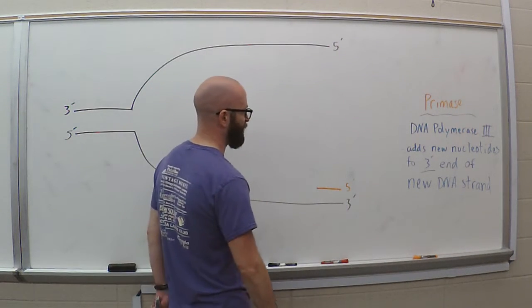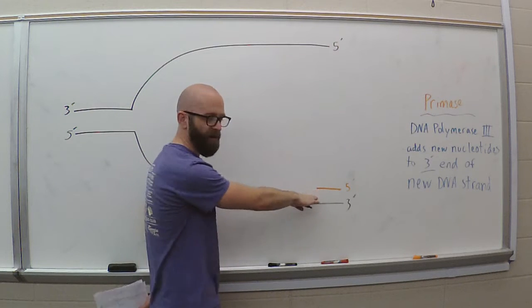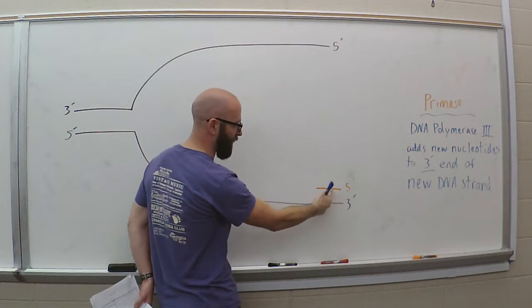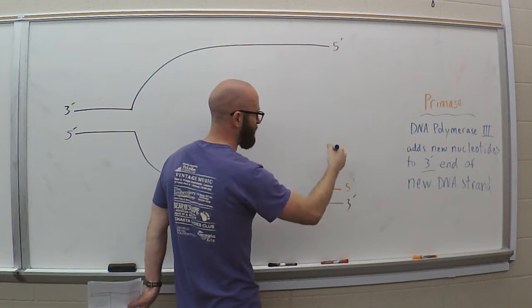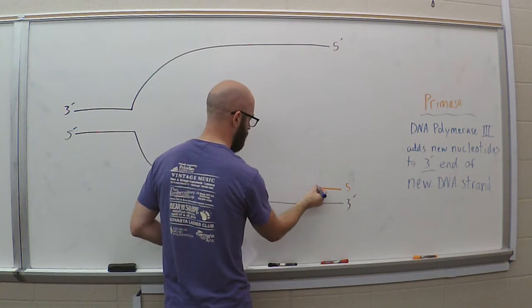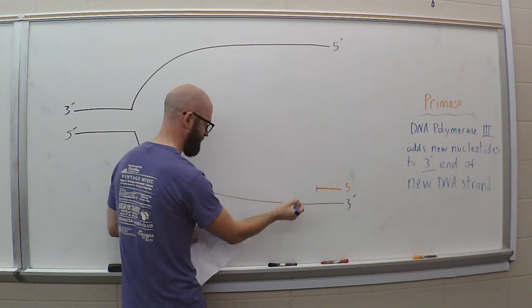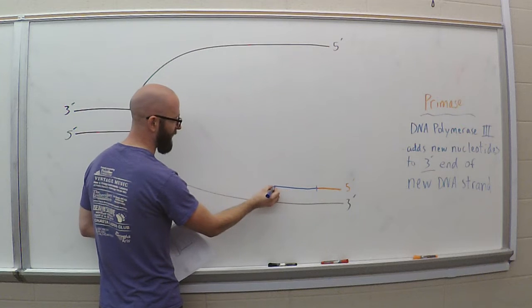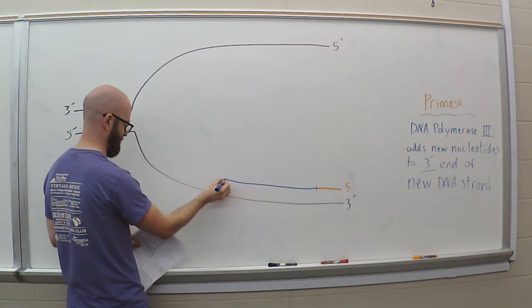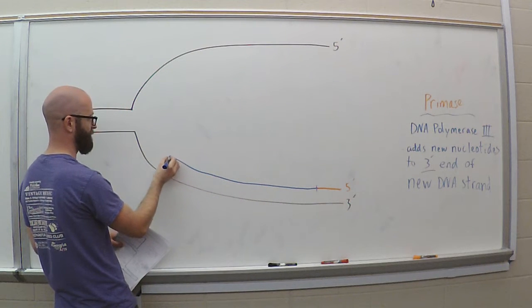So primase will lay down an RNA primer. That's what this is. This orange is an RNA primer. And then DNA polymerase 3 will extend, adding new DNA nucleotides to the 3' end of that RNA primer.